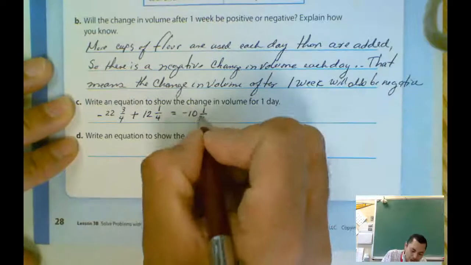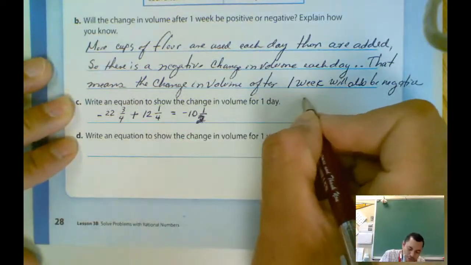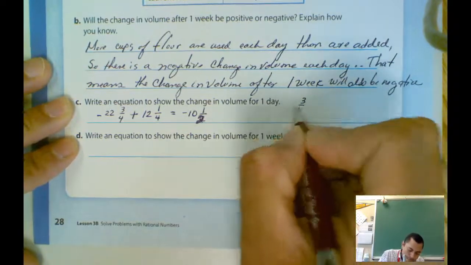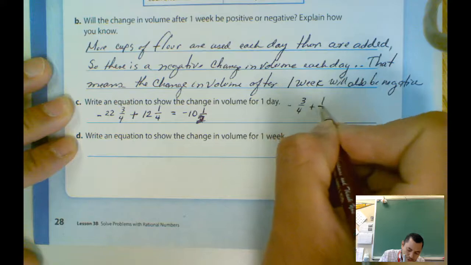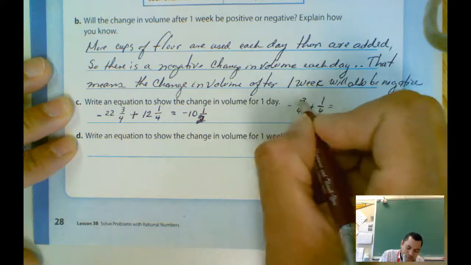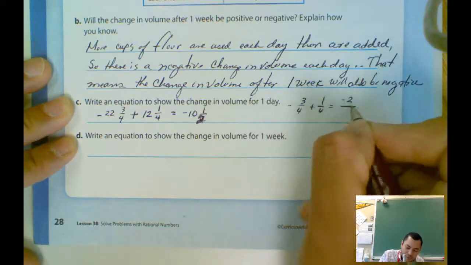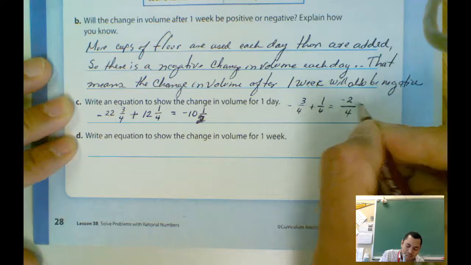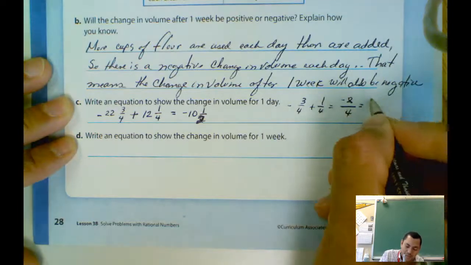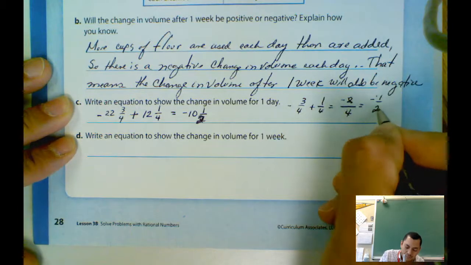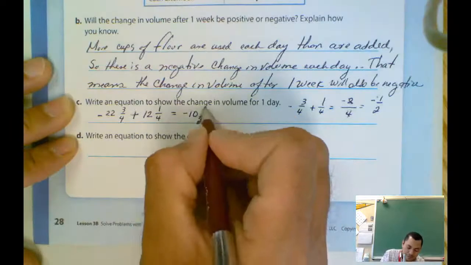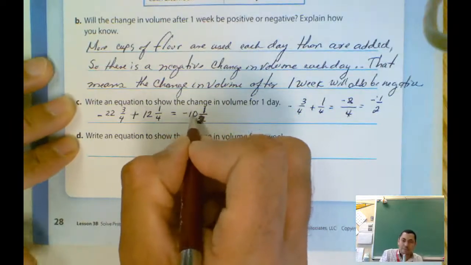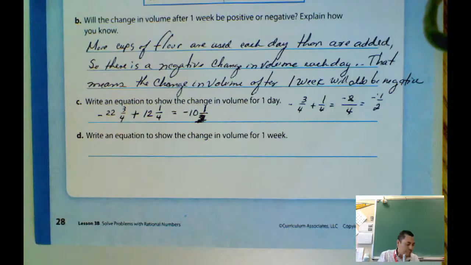Where is that 1/2 coming from? We do negative 3/4 plus 1/4 is equal to negative 3 plus 1, negative 2, and 4 is the same, and we simplify, so we end up with negative 1/2, and that's the 1/2 here. Negative 10 and 1/2, that's the solution.